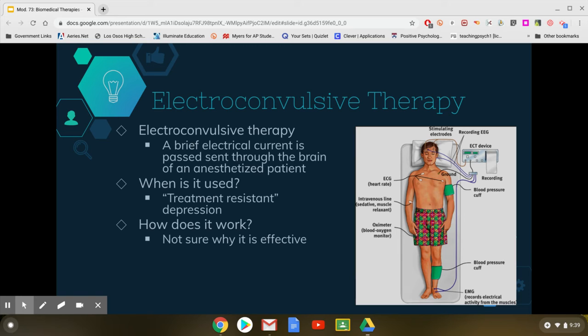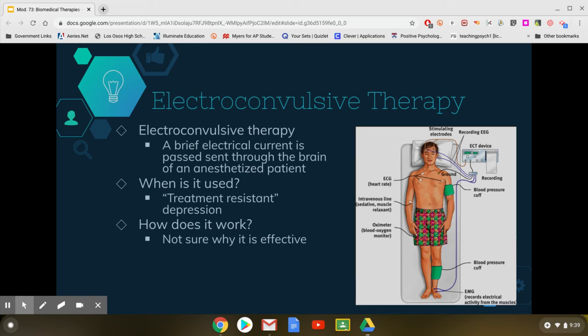This is one of those treatments that probably has the most negative stereotypes surrounding it. When it's shown in the media, in movies or TV, it's shown as extremely inhumane, as you hear it called shock therapy, and it can make it seem really scary.